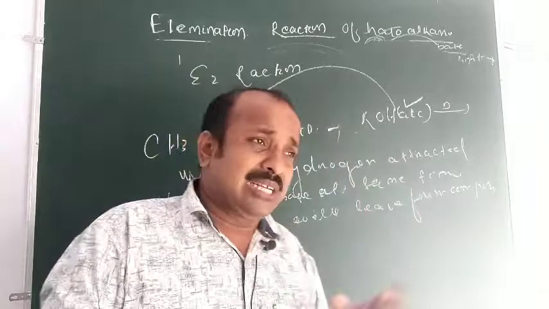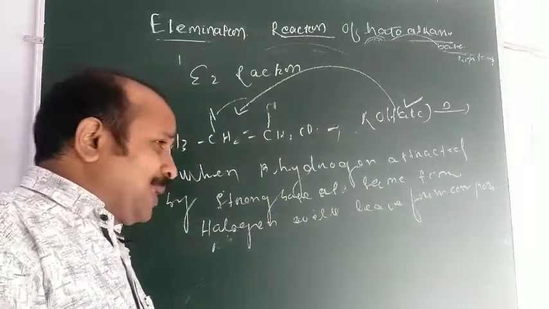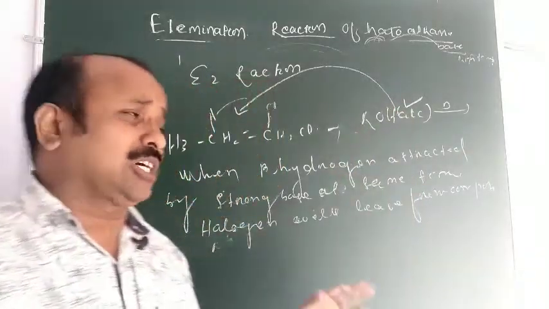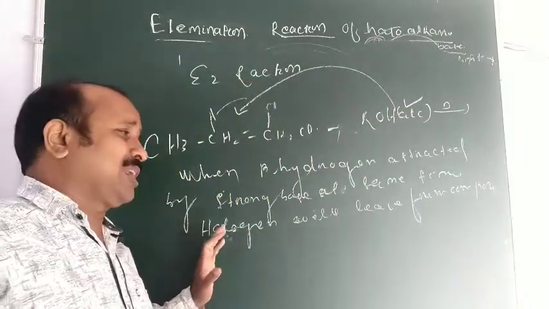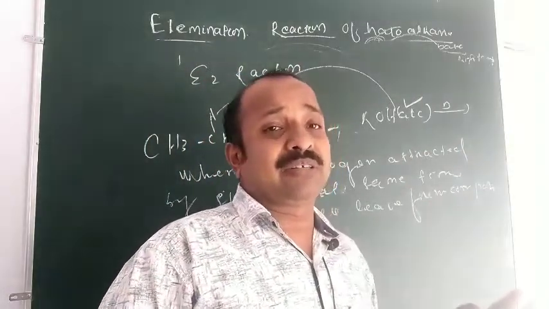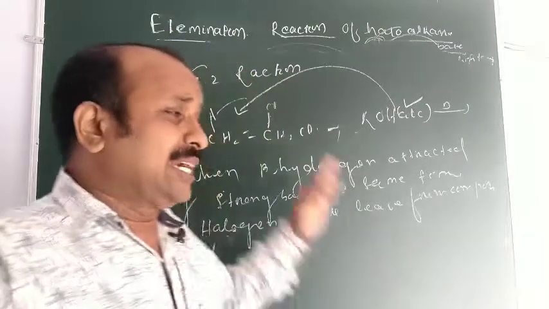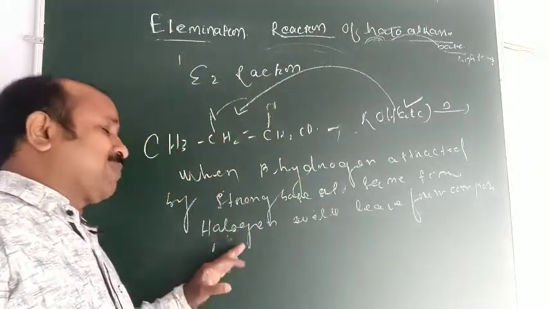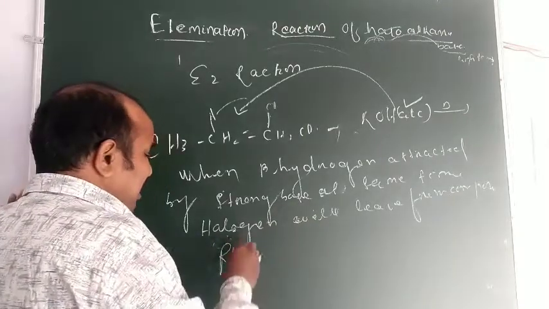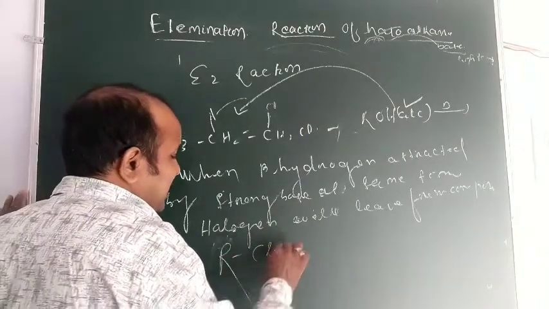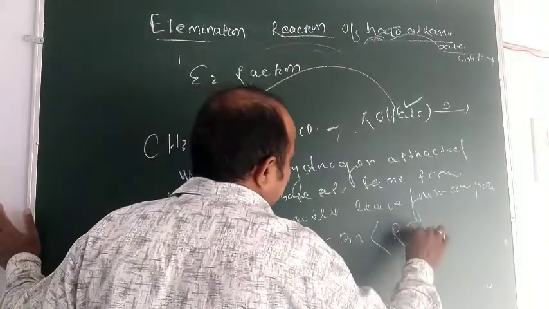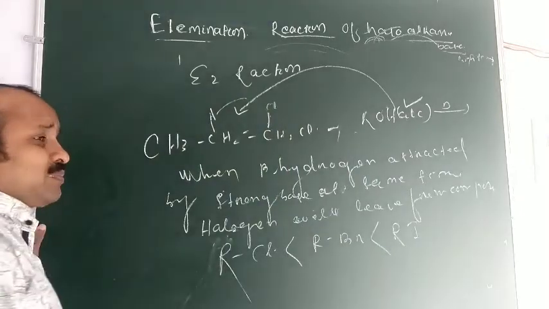The only difference is that nucleophilic substitution reactions are exothermic, meaning they take place at a low temperature, and elimination reactions are endothermic, they take place at high temperature. For the elimination reaction, the reactivity order of alkyl halides is RCl less reactive than RBr, then alkyl iodide.